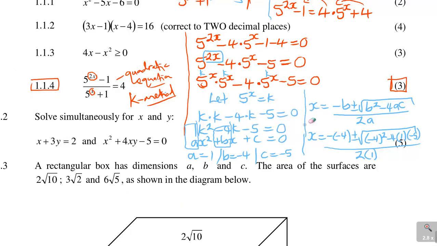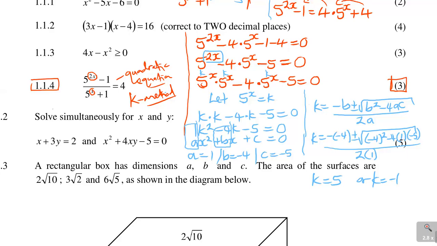Remember, for now, I'm solving for k. So don't put x here, otherwise you'll get penalized because the question says solve for x. So this is not x. This is k. So it was k is 5 or k is negative 1. So be careful of that one also.